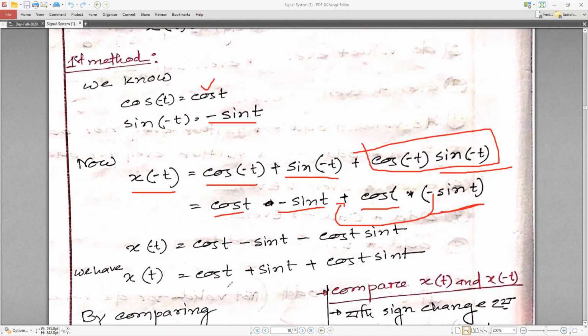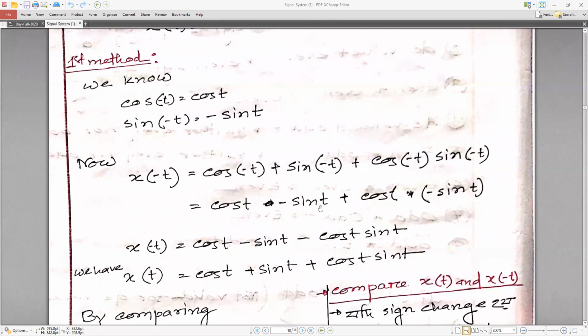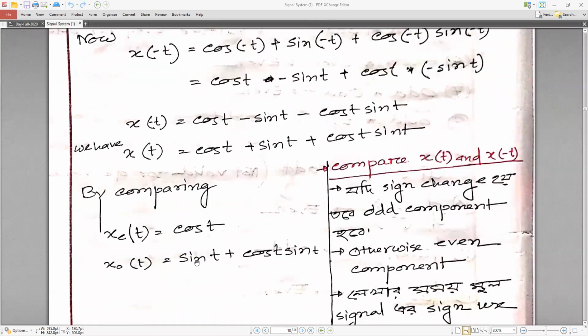So now compare here. This is an even signal and this signal is odd because the sign changes. See, the sign has been changed. So these are odd signals.